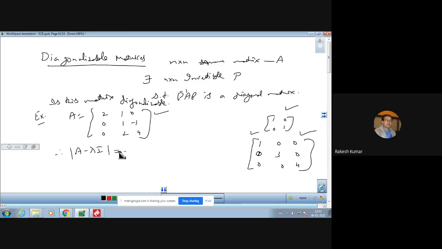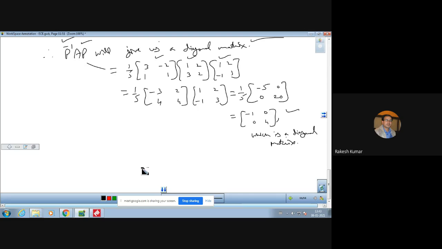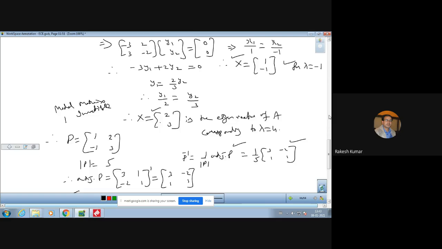So A minus lambda I: 2 minus lambda 1 0, 0 1 minus lambda -1, 0 2 4 minus lambda, is equal to 0. Now you can expand the determinant.